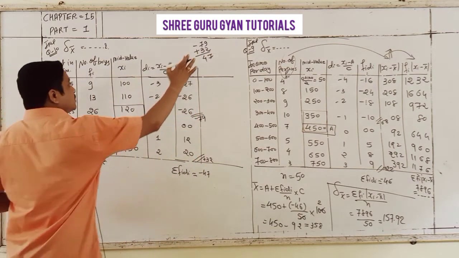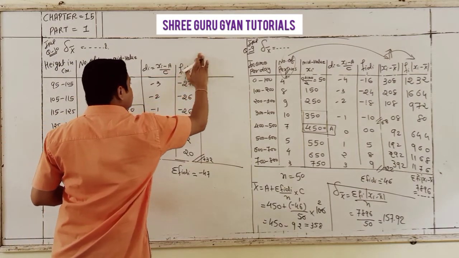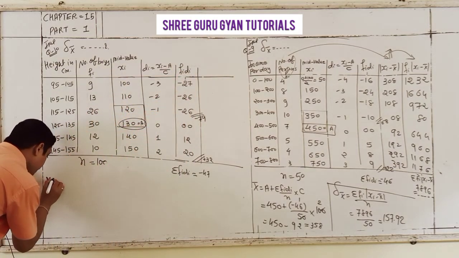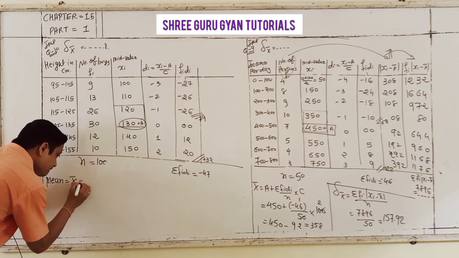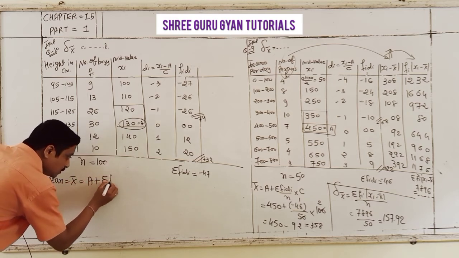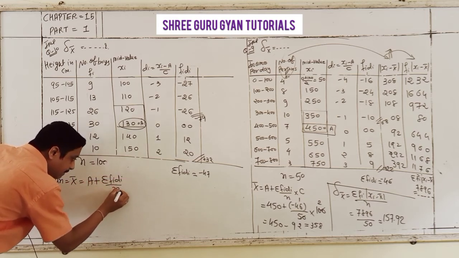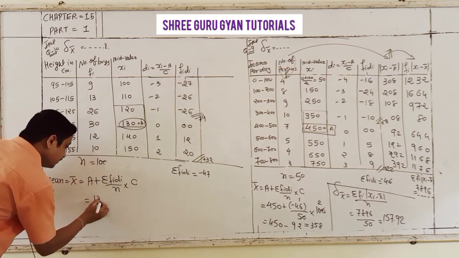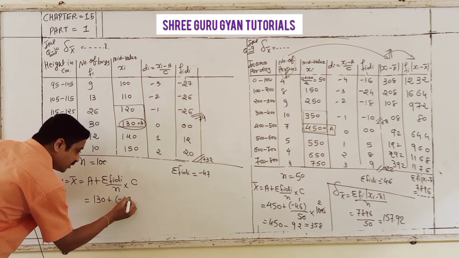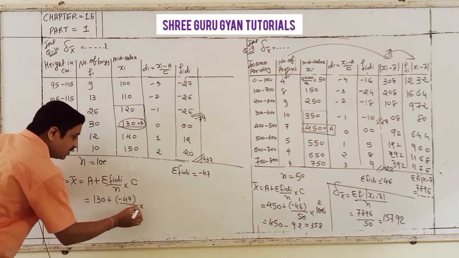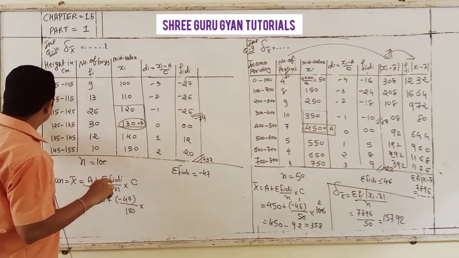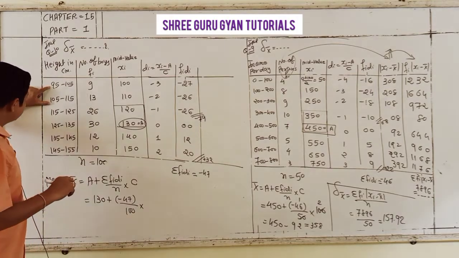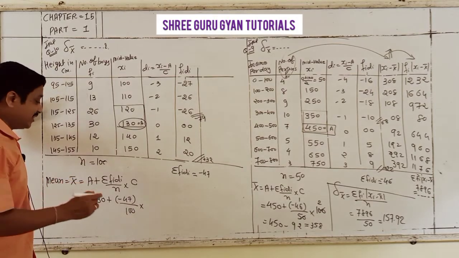So simple, students. The mean x bar is a plus sigma fi di by n into c. This is the 10th standard formula. Here a is 130, sigma fi di is minus 47, n is 100. But students, how much is the class length increasing? In each place, from 95 to 105, it is 10.